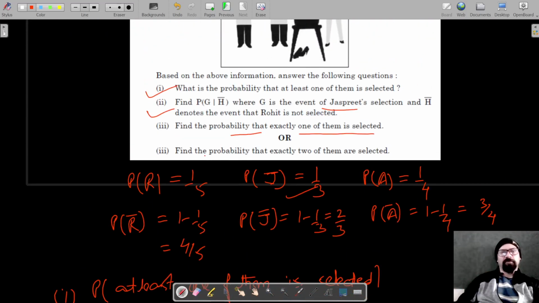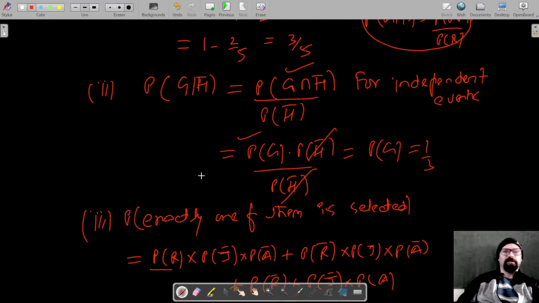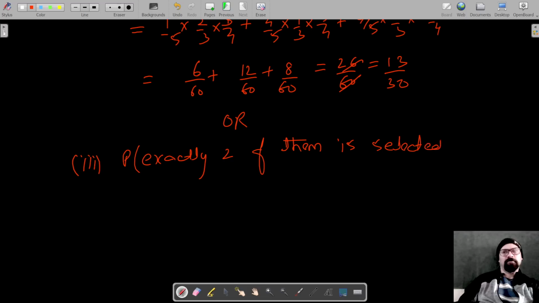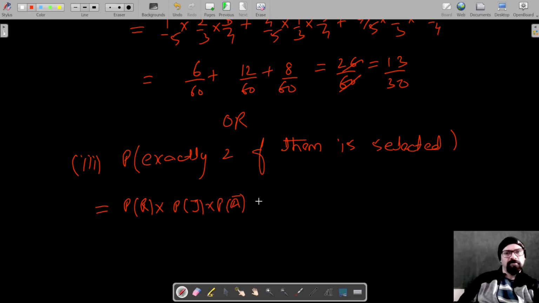It says we have to find the probability that exactly two of them are selected. So probability that exactly two of them are selected, means we have to select two. So Rohit is selected, Jaspreet is selected, and Alia is not selected.